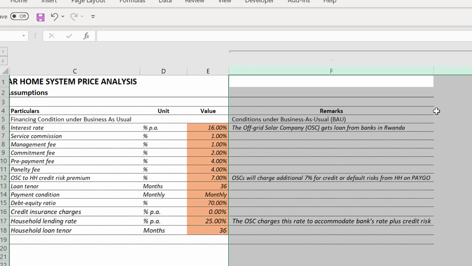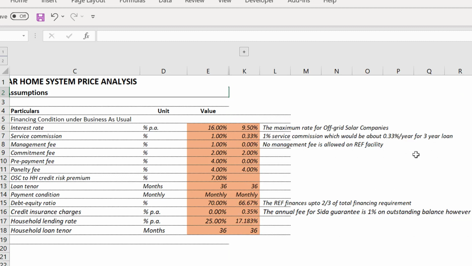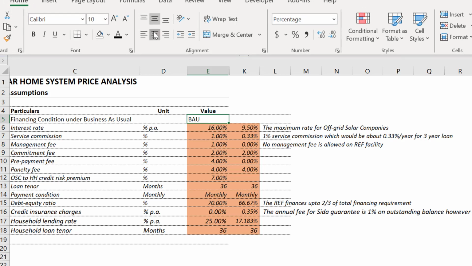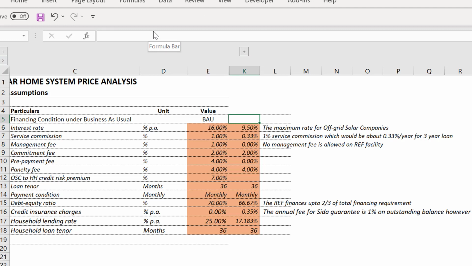Minus sign. So now we have our BAU case. The next one is our Renewable Energy Fund case, the REF case. Okay, so we just moved those together.